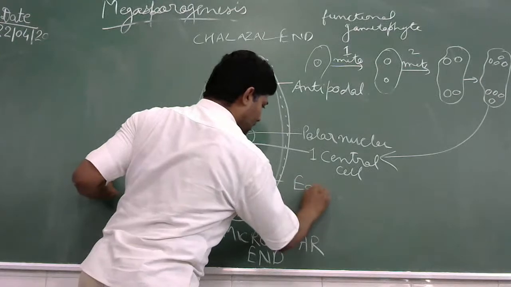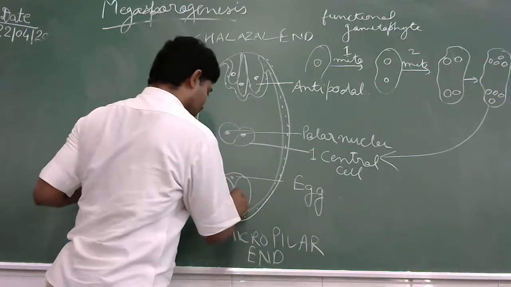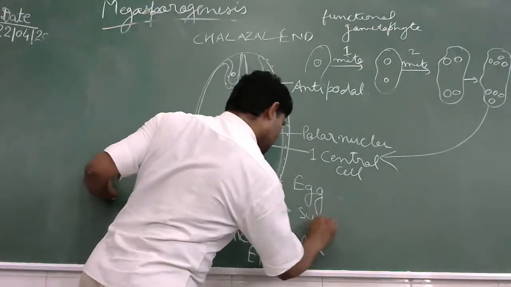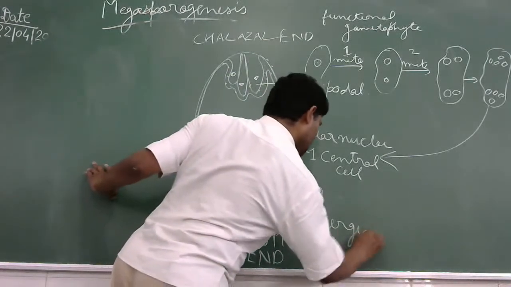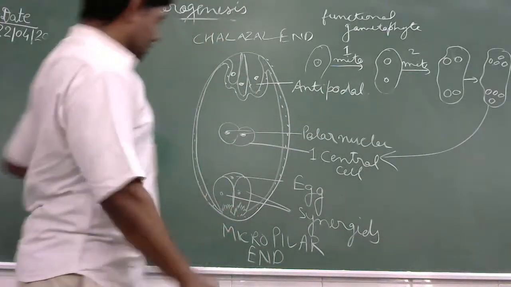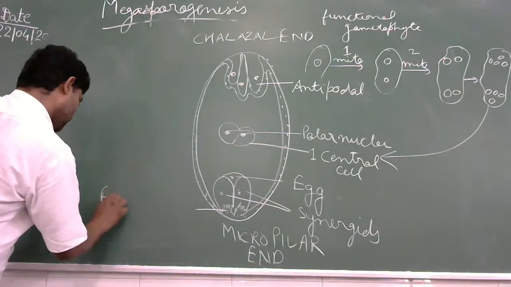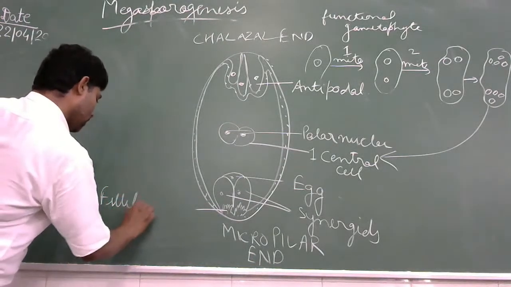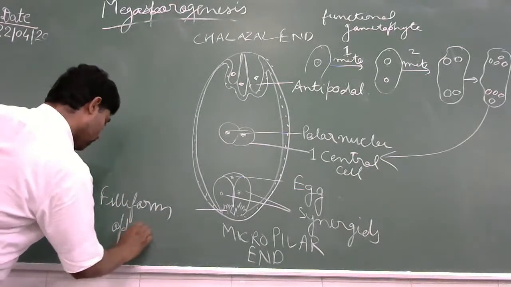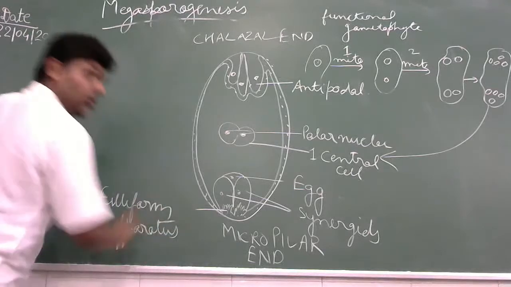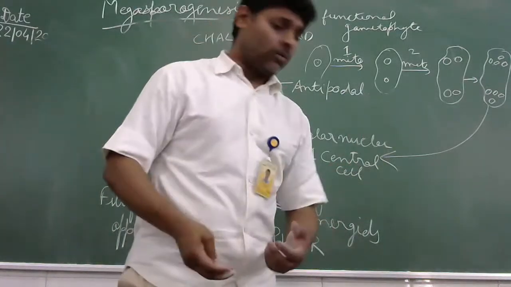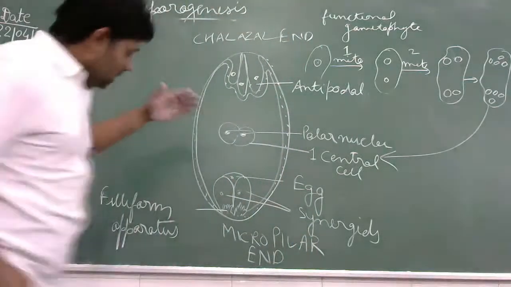Here is the egg, and these two are the synergids, and this one is the filiform apparatus. Basically, what is the function of the filiform apparatus?